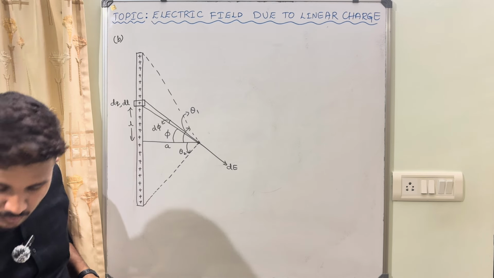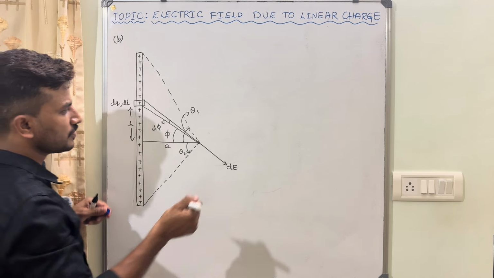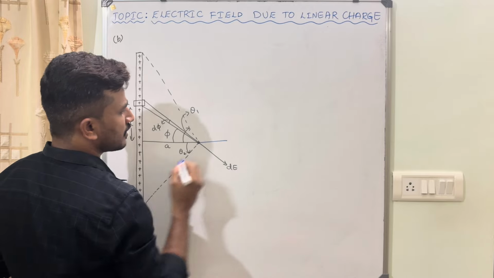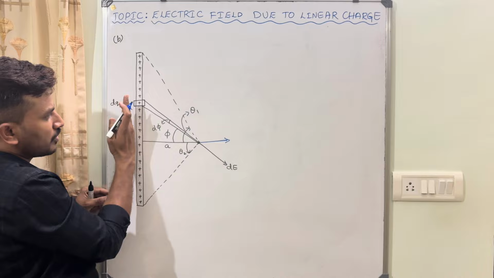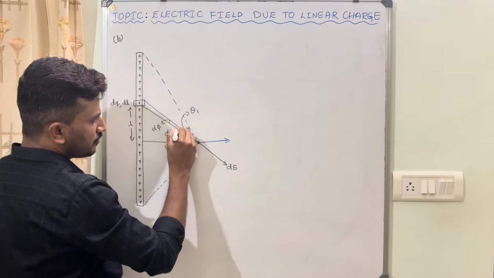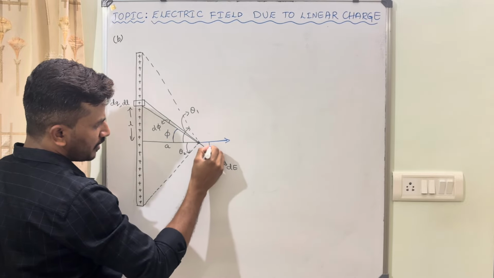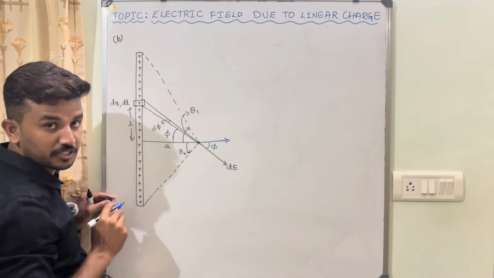So here you will get two components. This is the horizontal, which is perpendicular to the wire. This is phi already, and this will also be phi, vertically opposite.